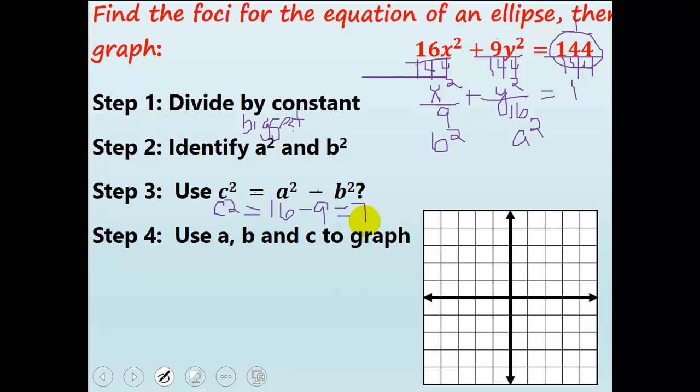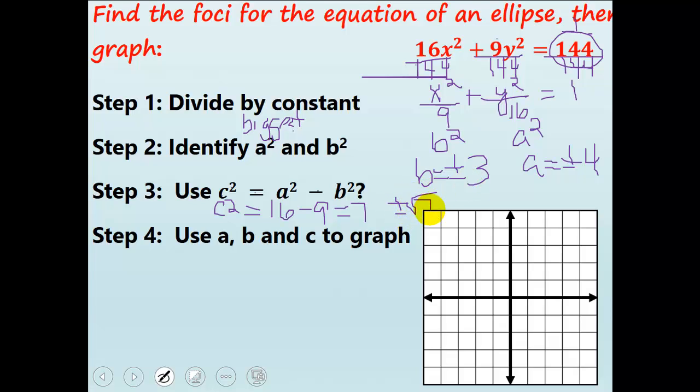All right, so now I have to find a and b and c by taking the square roots of these numbers. So a is equal to plus or minus 4, b is equal to plus or minus 3, and c is going to be plus or minus the square root of 7.